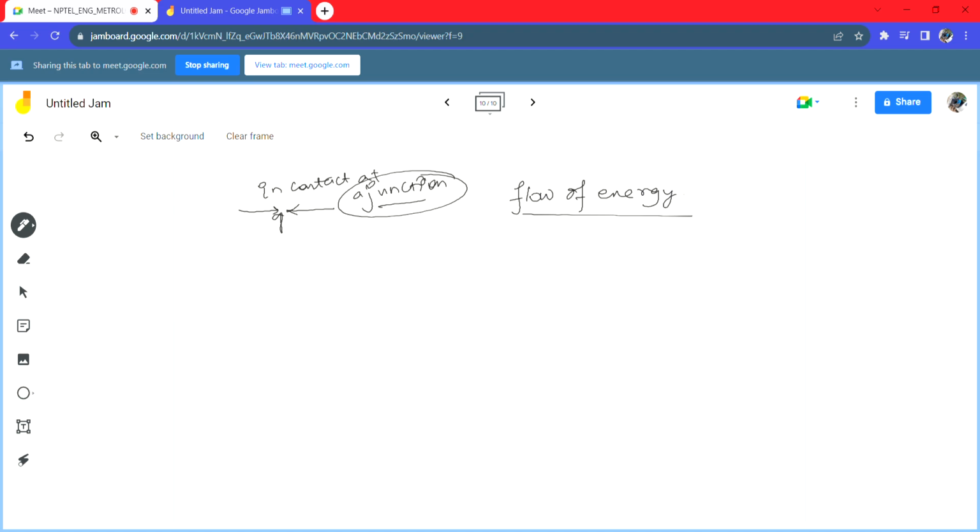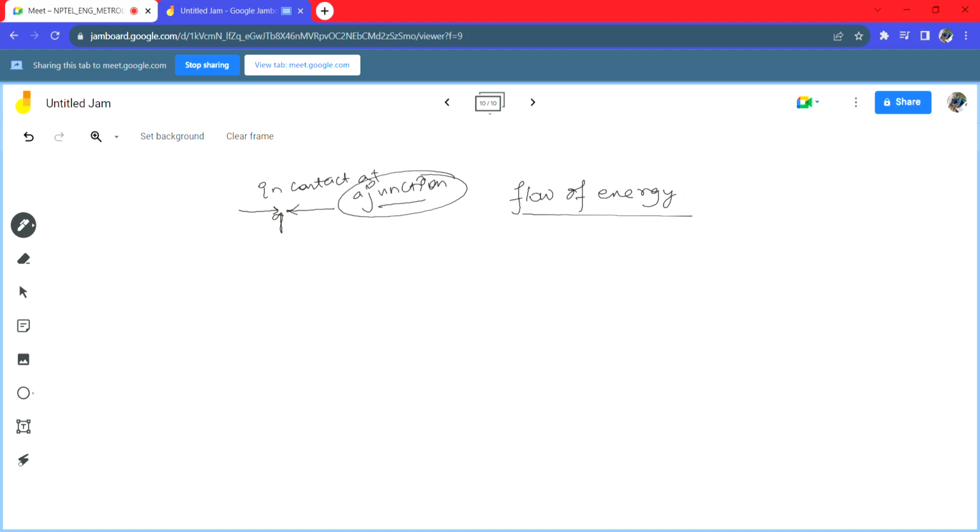And this is the flow of energy, that there is a movement of particles from higher concentration of anything to the lower concentration of anything. Now this can be a higher pressure, this can be a higher temperature, this can be higher humidity. So there is always a movement of particles from a point of higher concentration to the lower concentration.